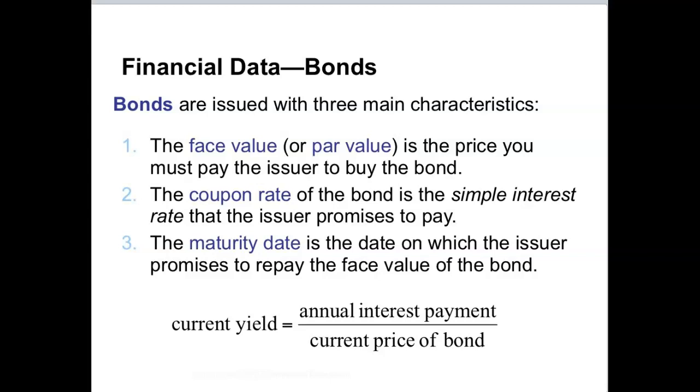All right, so let's talk a little bit more about bonds. Just a couple definitions. The face value is the price you pay for the bond, also called the par value. The coupon rate is the simple interest rate that the issuer promised to pay.